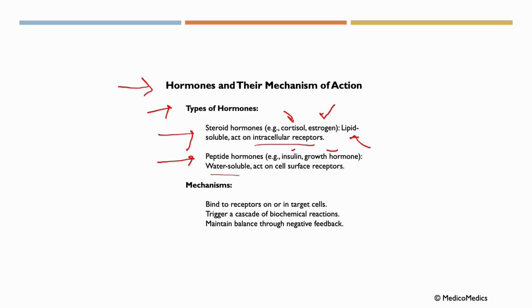These are water soluble and act on cell surface receptors. Now, what's the mechanism here? Well, they bind to receptors either on or in target cells. They trigger a cascade of biochemical reactions, and they maintain balance through something called negative feedback.